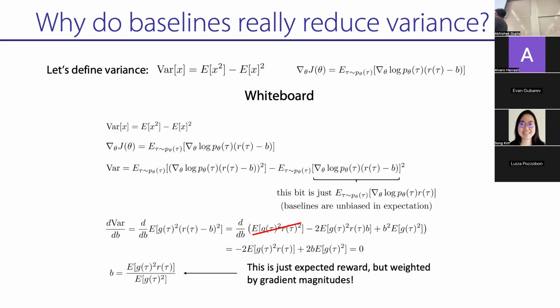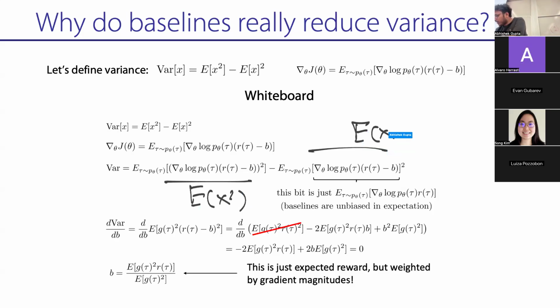We don't have to work through this in detail, right? But you just kind of substitute in grad log p theta tau r tau minus b into this estimator, right? And then you'll see that you'll have two terms. This one is the expectation x squared term. This one is the expectation of x the whole squared term, right? And you'll see that the second term actually doesn't depend on b because the estimator is unbiased, right? So it doesn't change the expectation. And then you just take the first term, you take the gradient with respect to b.